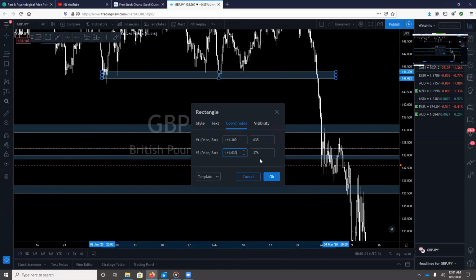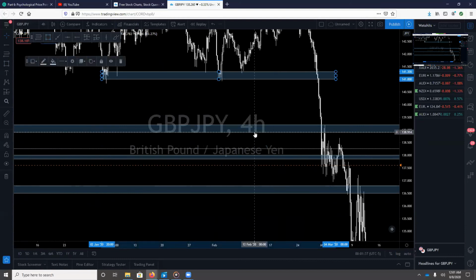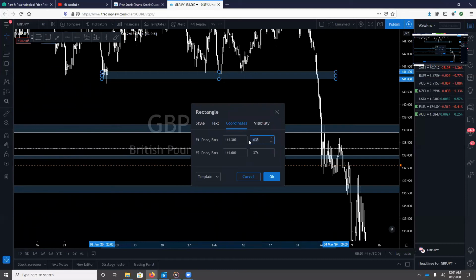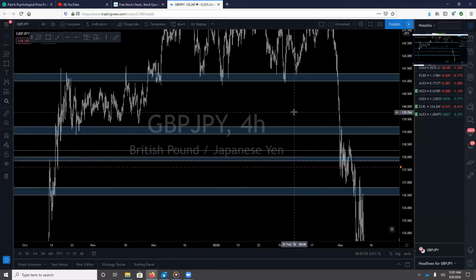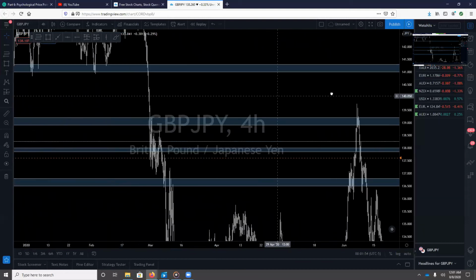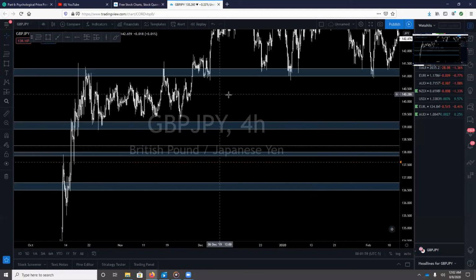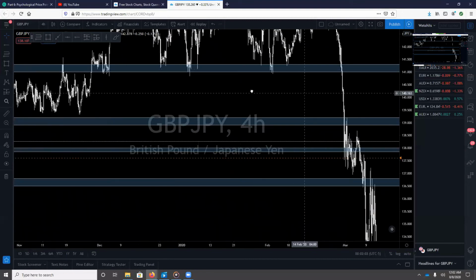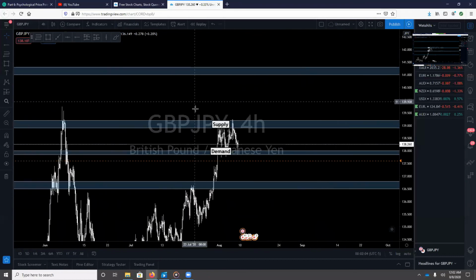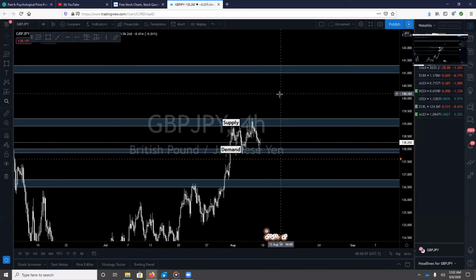Obviously, there's no guarantee that if price breaks this zone, price is just going to shoot up to this area. That's just the most recent area. But wow, that's a decent area. I guess when it did break this level, that's where it went to. So, like I said, nine out of ten, it's probably going to do that again. But there's no guarantee. So this is what I would have as my supply and demand zone.